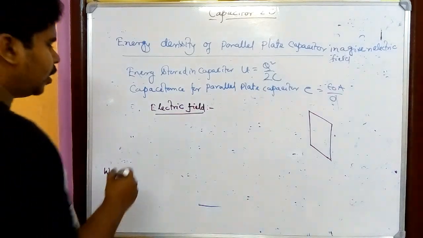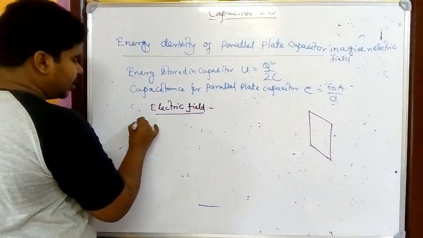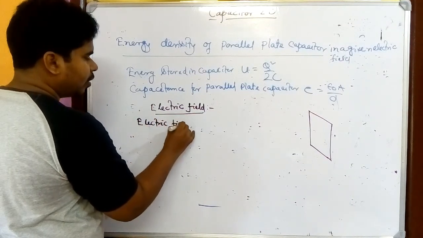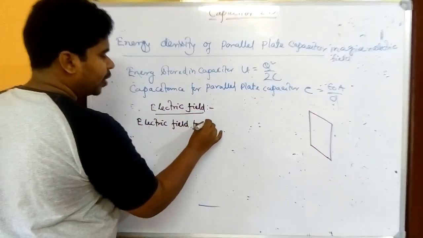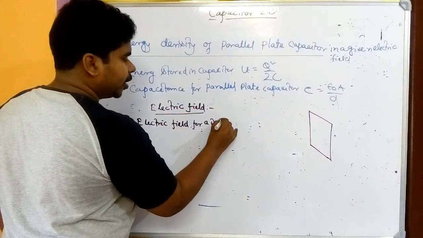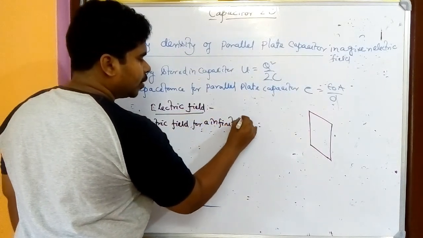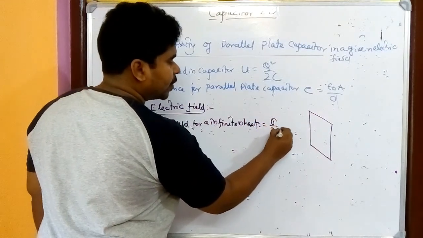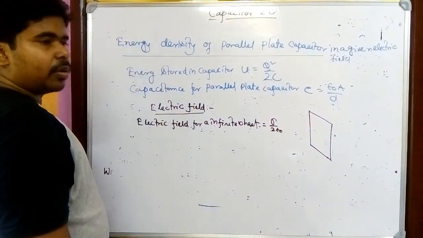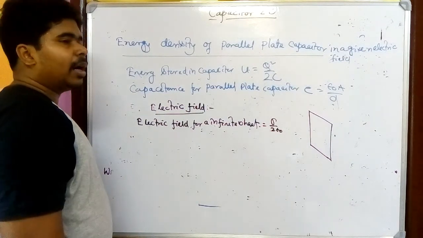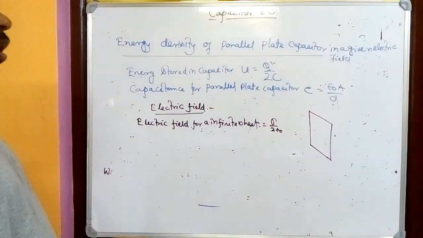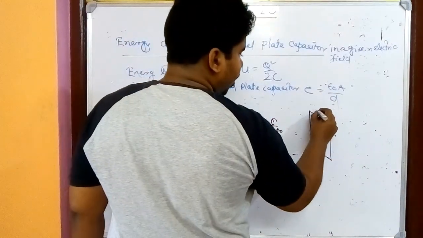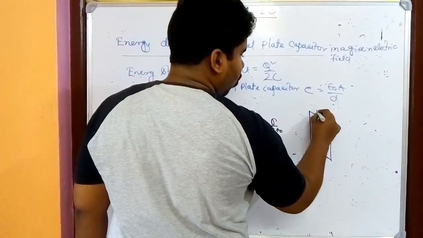The electric field for an infinite sheet is equal to sigma by 2 epsilon naught. If I am talking here, I have to add one more plate.